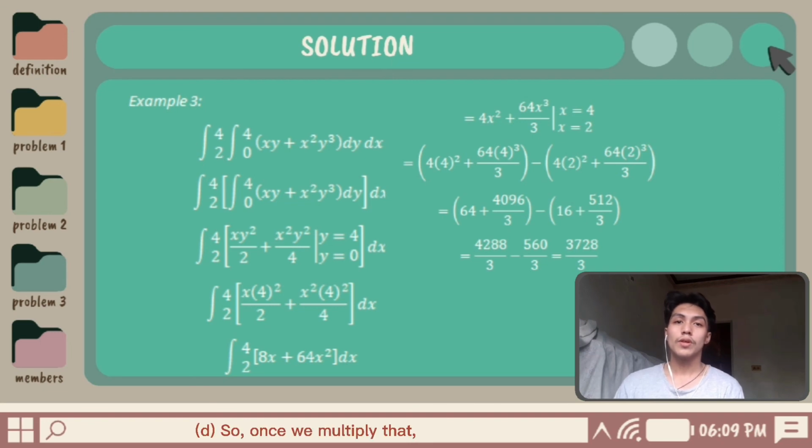So once we've multiplied that, we will get 64 plus 4096 over 3 minus 16 plus 512 over 3, and we can further simplify that to 4,288 over 3 minus 560 over 3. After that, we will subtract it and get 3,728 over 3. Now we have found the answer for Bell and Jay's calculus activity, which is 3,728 over 3.